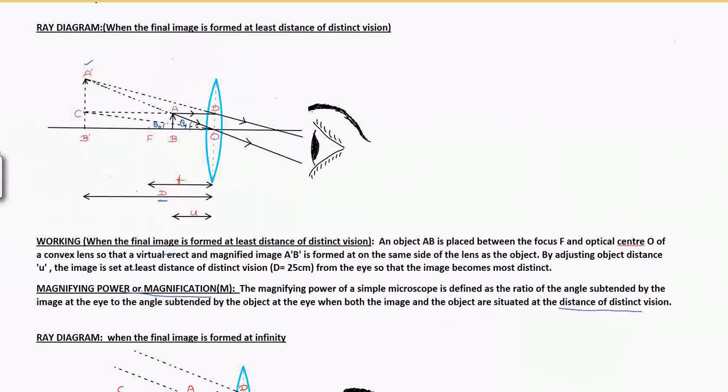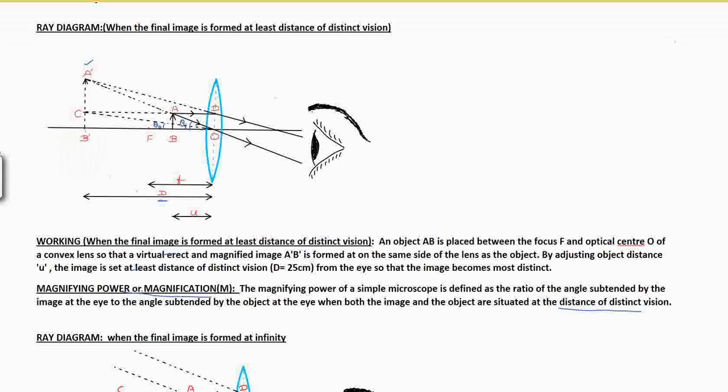Actually the object lies between the optical center and focus, here the object is AB, but according to the definition, both the object and image lie at the distance of distinct vision.